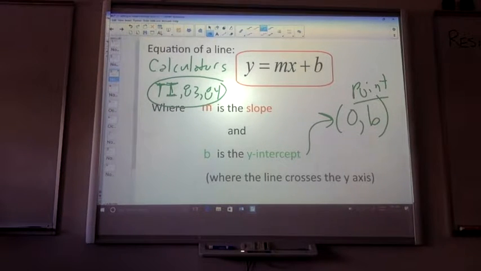Are we required to have a calculator? I need you to have this calculator. If you don't have it, you're going to miss a lot of problems. You can use it on tests. Yes, you need a calculator.